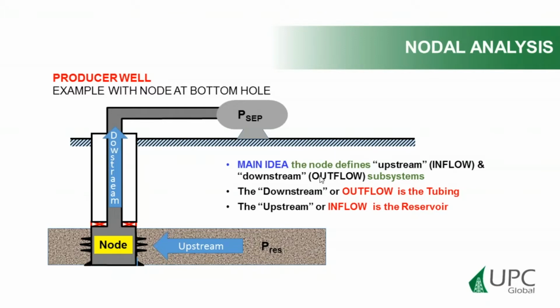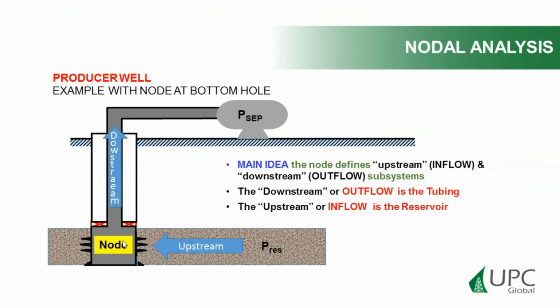The node location divides the problem in two big subsystems. The inflow or the upstream, anything that is located where the fluids come from into the node, and downstream is everything where the fluids go after the node.